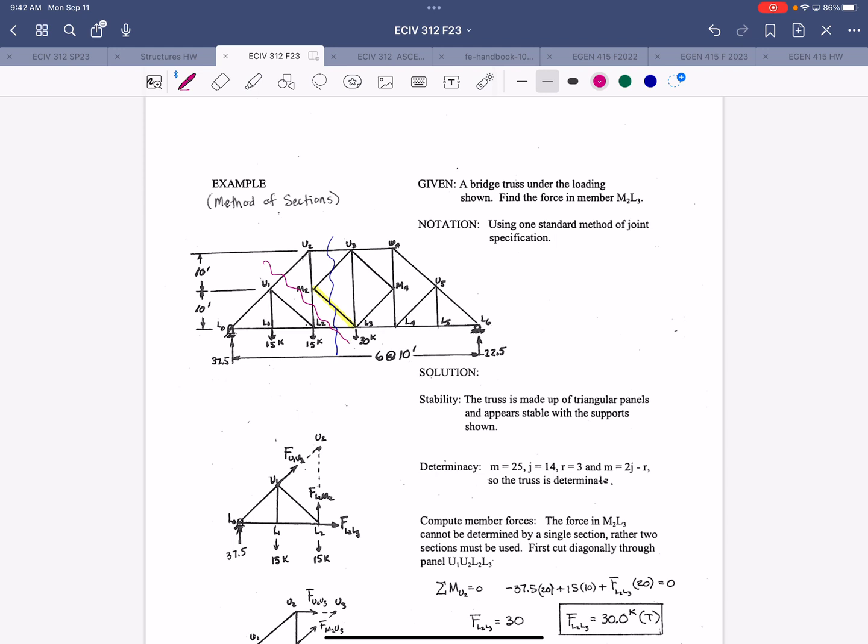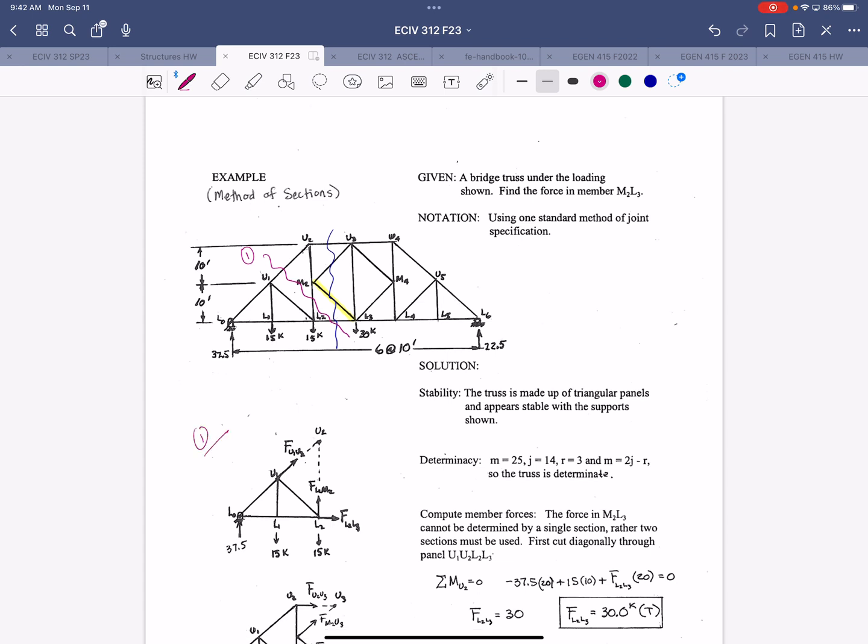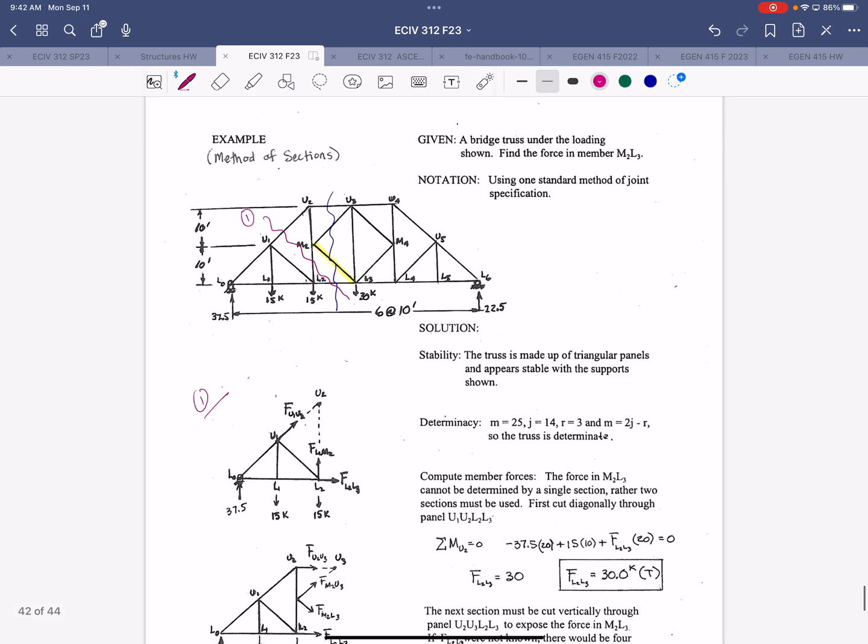One way would be to make a cut like that. I'm going to call that section 1. And here's the free body diagram of section 1. What's convenient about this particular cut that I chose is that the one we want in this free body diagram, F2L3, would help us out with the second cut.